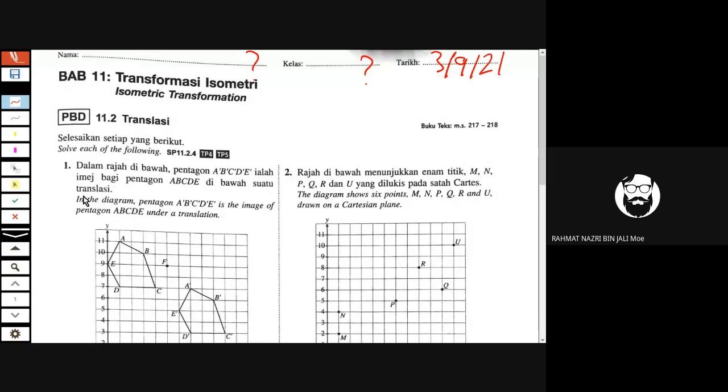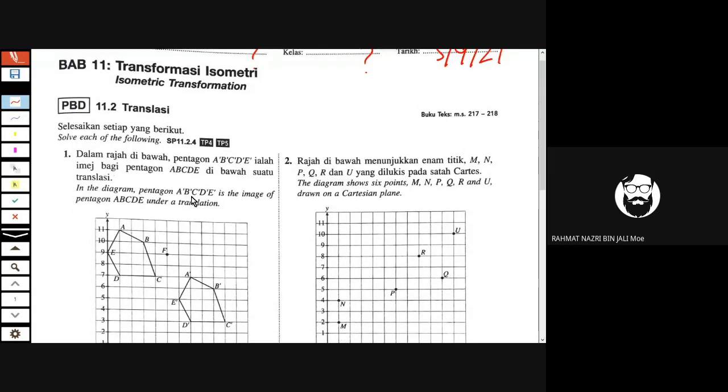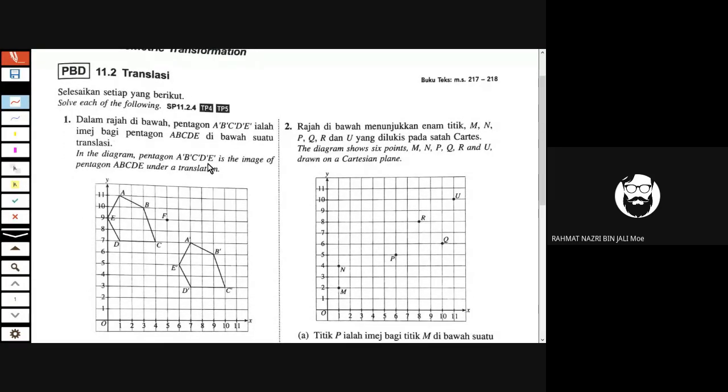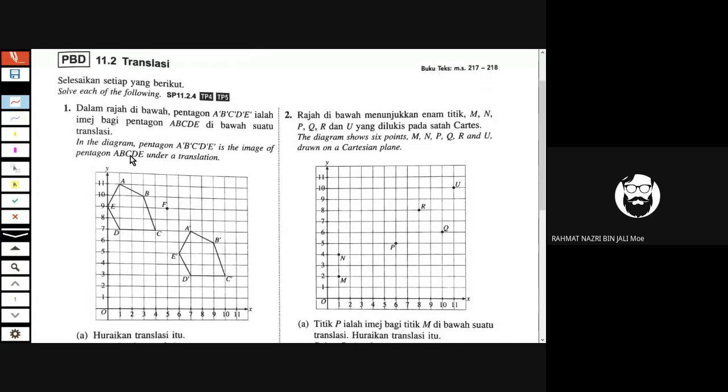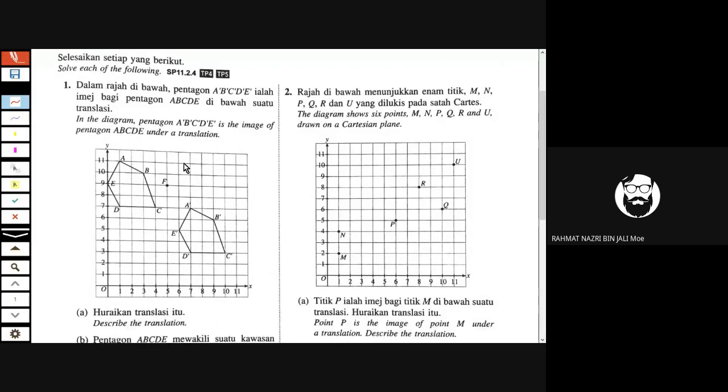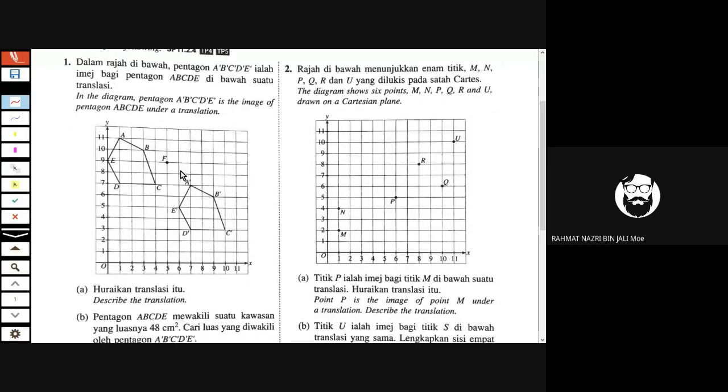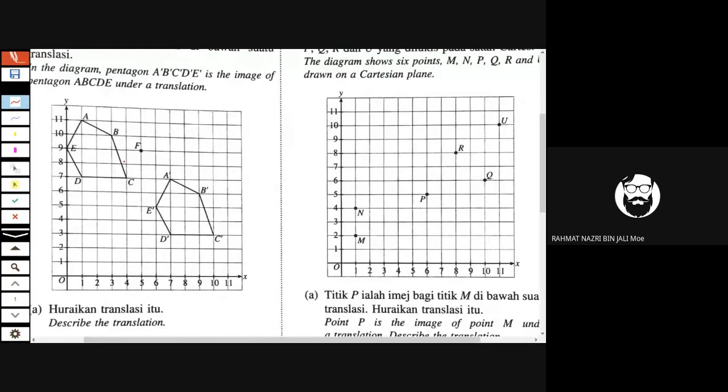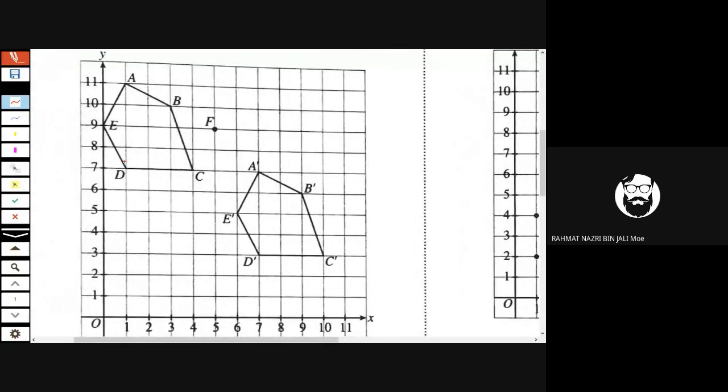Okay, in the diagram, pentagon A, B, C, D, E prime is the image of the pentagon A, B, C, D with no prime under translation. Okay, di bawah ini ialah image dan atas ini ialah objek. Saya besarkan lagi. Okay, ini ialah image.